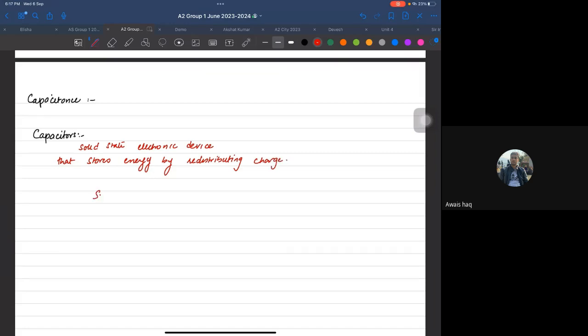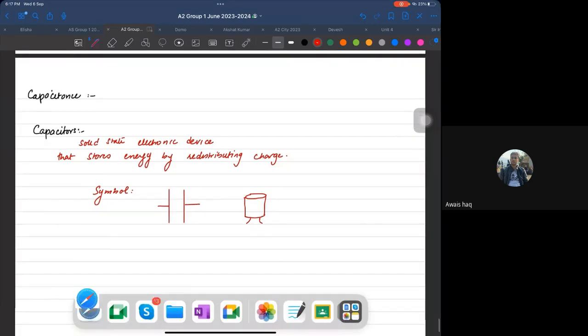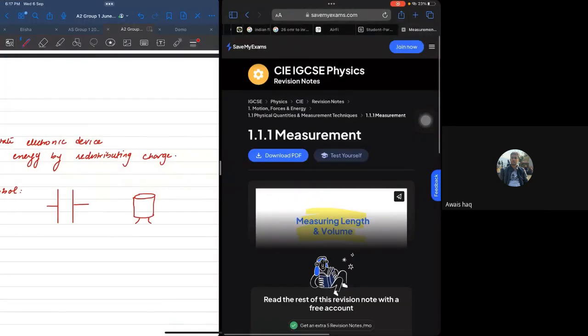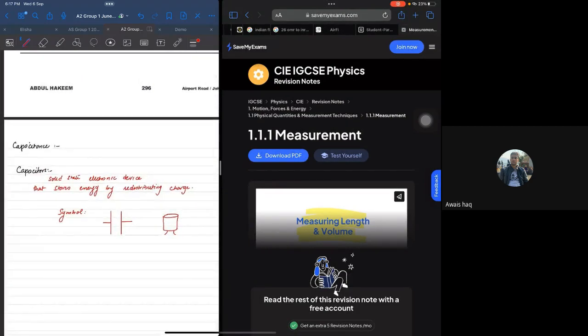So the symbol of a capacitor is like this. It's two parallel plates with wires coming out. In reality, capacitors basically look like cylinders with wires like this. I'm sure you might have seen these, especially those people who have an interest in computing.